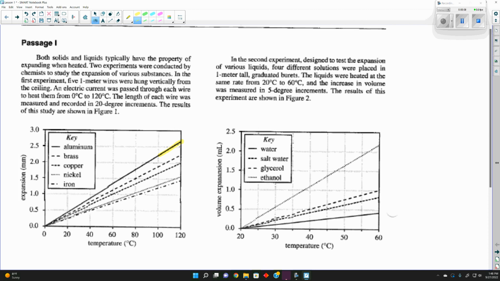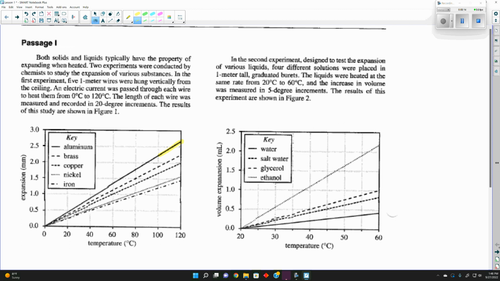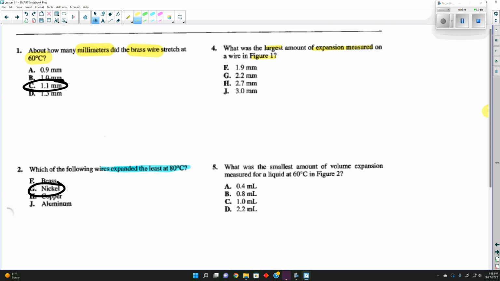Aluminum, at 2 point, well, it's above 2.5, isn't it? So like 2.2, 2.7. So we have 2.7 or 3, yes? It's closer to 2.7, because 3.0 actually has a spot on the graph, doesn't it? So it's above 2.5, but it's not 3, so it is 2.7.